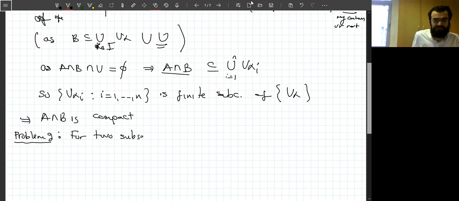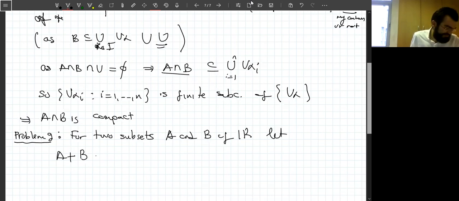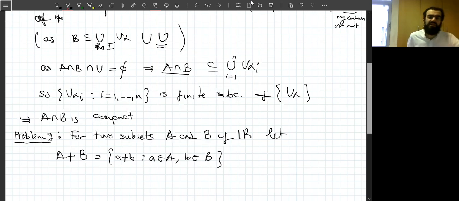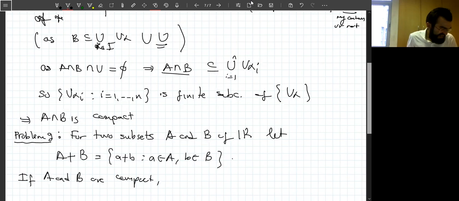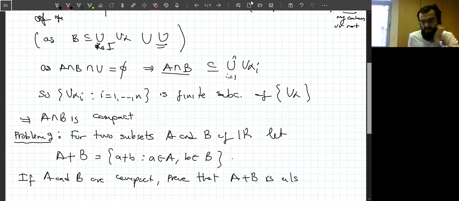For two subsets A and B of R, real numbers, let's define the set A plus B as the set of a plus b, with a in A and b in B. If A and B are compact, then their sum is also compact. Prove that this set is also compact.